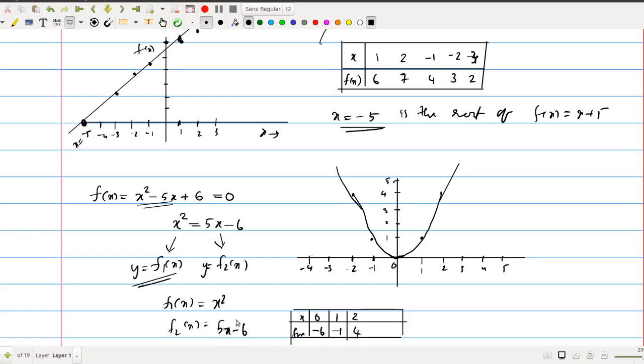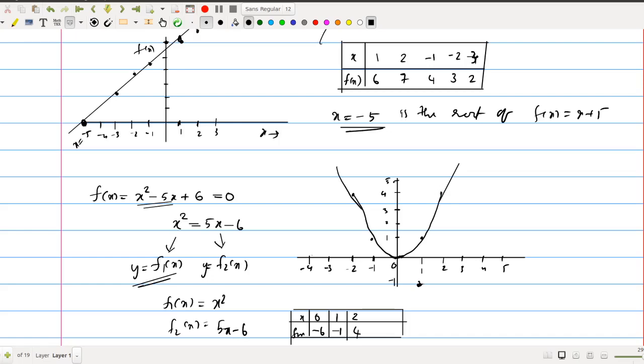If you identify this as a straight line, you need to take only 2 points. One is 1 comma minus 1, that is enough. So that is 1 comma minus 1, that is here. Since this is minus 1, this is the point here. And the next point is 2 comma 4, that is here.